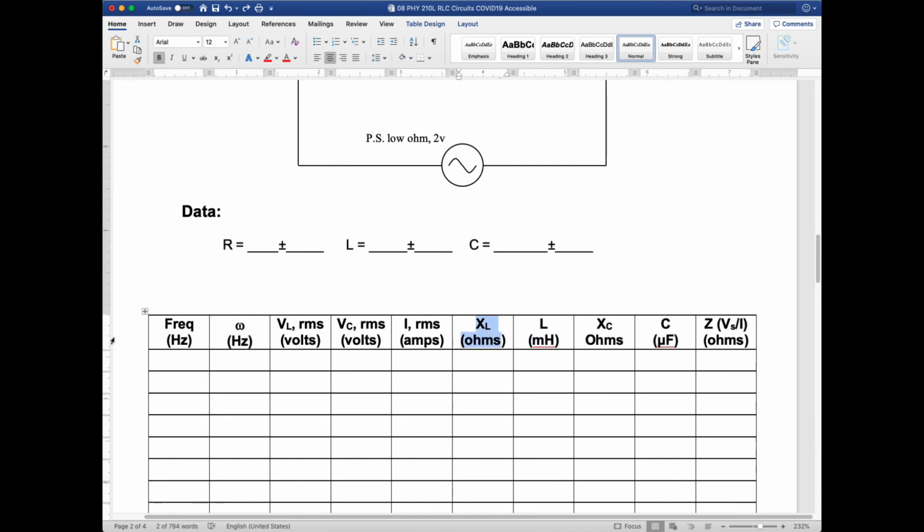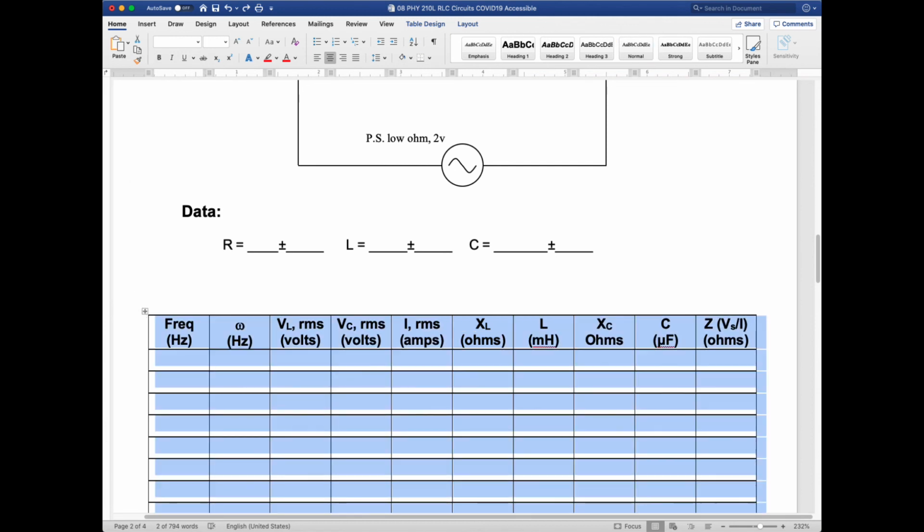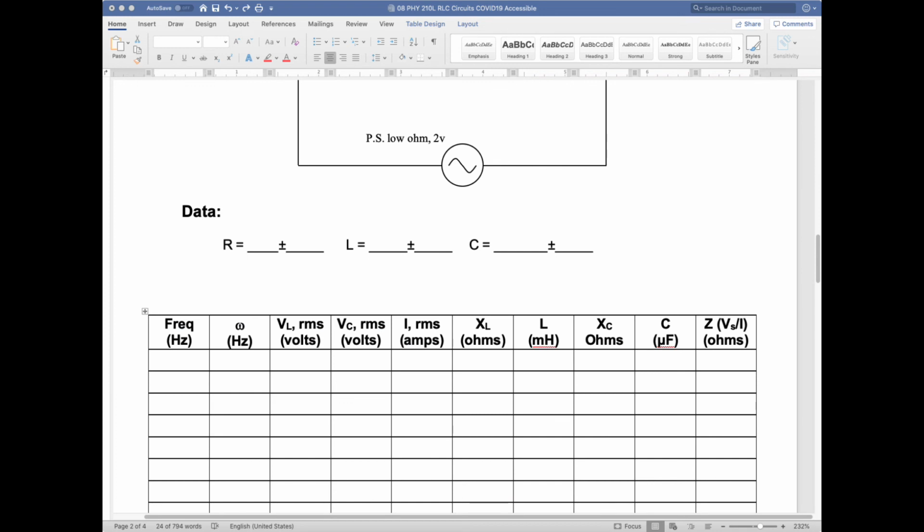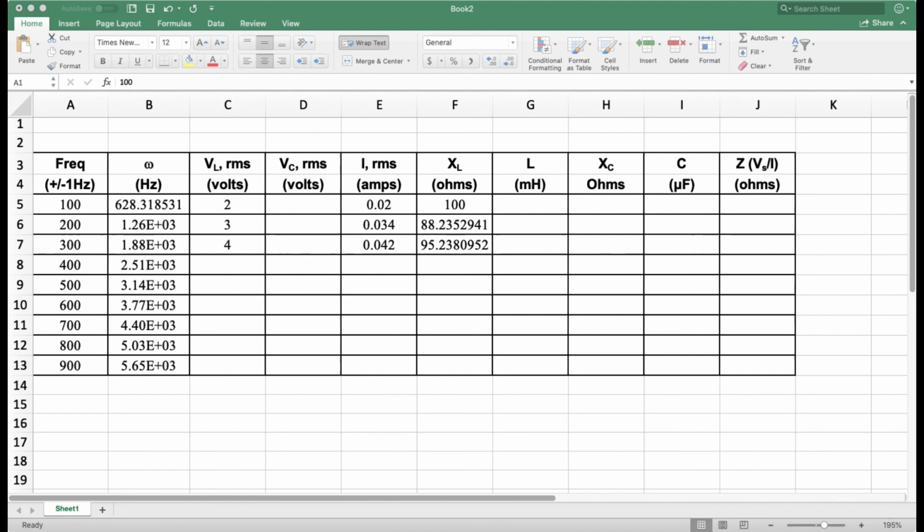I'm going to copy this data table and go into Excel. Hold on a second. I want to get rid of the one from the previous class, and I have to switch views again.